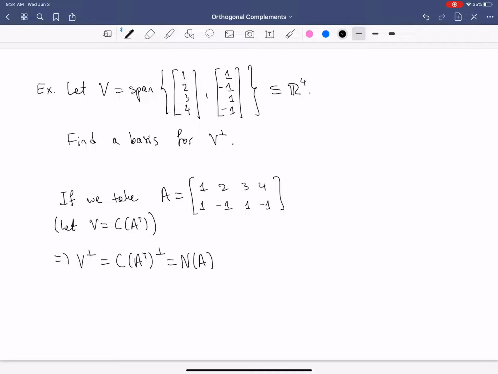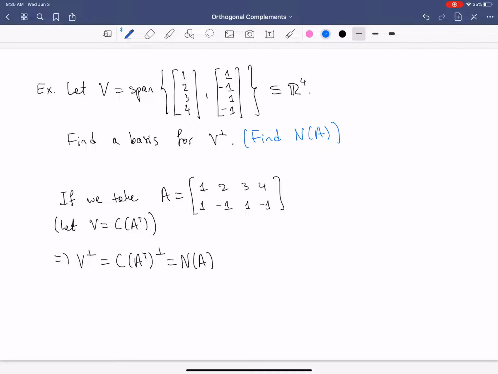So ultimately, this pursuit for a basis for V perp is the same as find the null space of A, if I make A to be the matrix whose rows are the vectors that are given in the basis of V. So how do we do this? Well, as I said, find a null space.